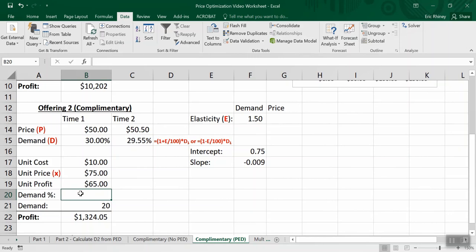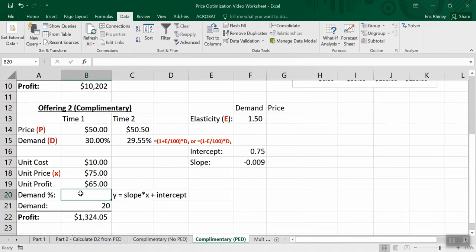All right, and this is going to be the same demand curve type of formula. And if you remember, that demand curve formula is equals, so y equals our slope times x, which is price, plus the intercept.